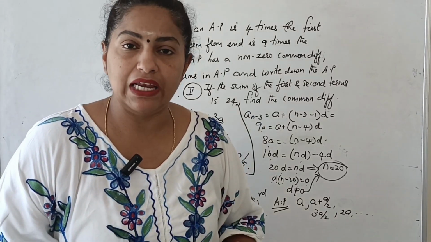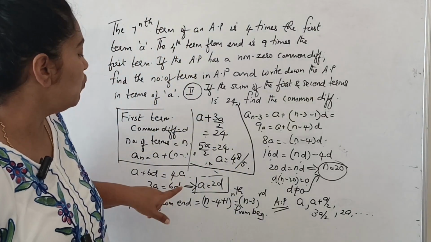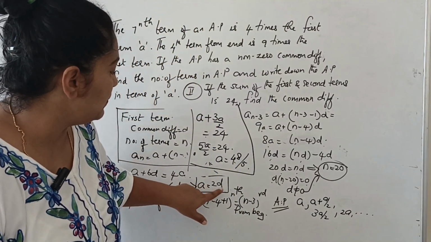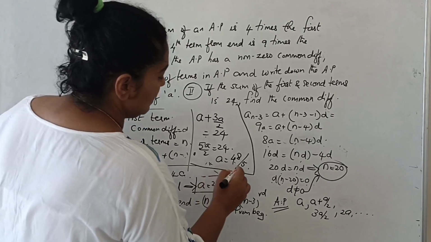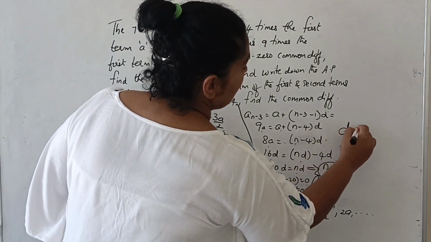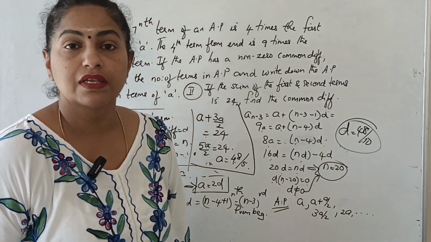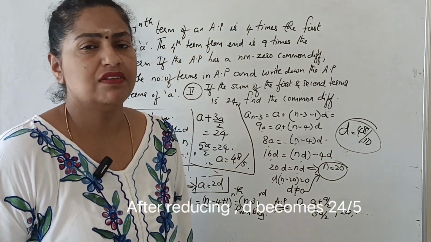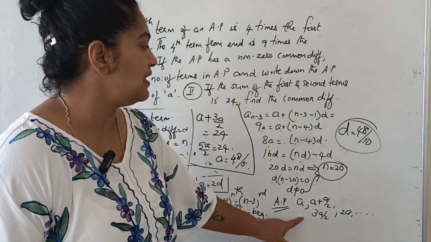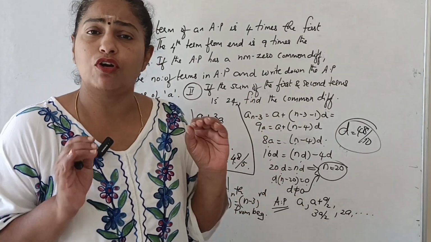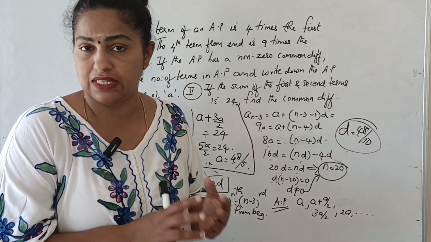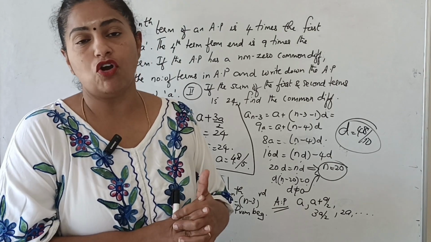Now that you get the value as 48 by 5, what is the value of d equal to? d is a by 2, which will give us the value of d as 48 by 10. Okay, the second part was very easy. Actually, once you get the AP, it is just the application of a value to the sum of the first and the second term and then finding the common difference.